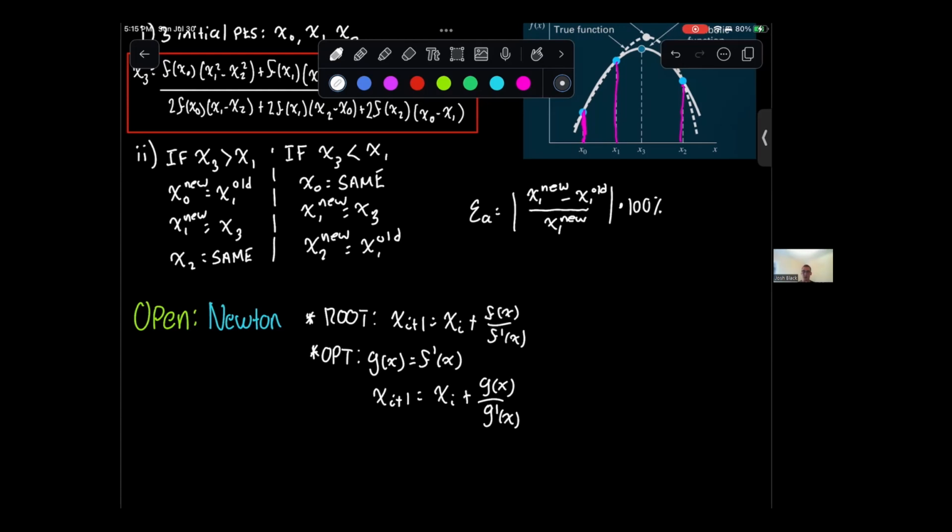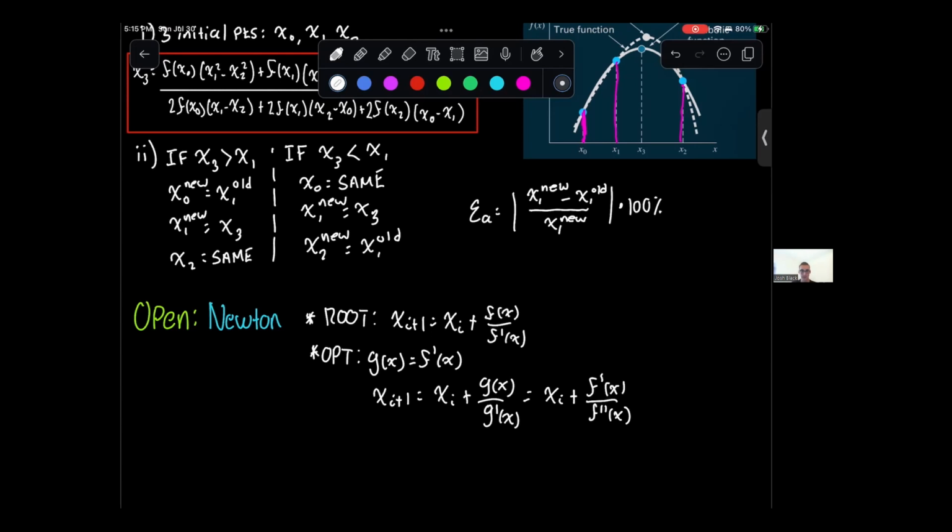And I iterate until my approximate error is less than my criteria. What this means is actually xi plus f prime over f double prime. It's not that bad. That's it. I find my new x1 by iterating.